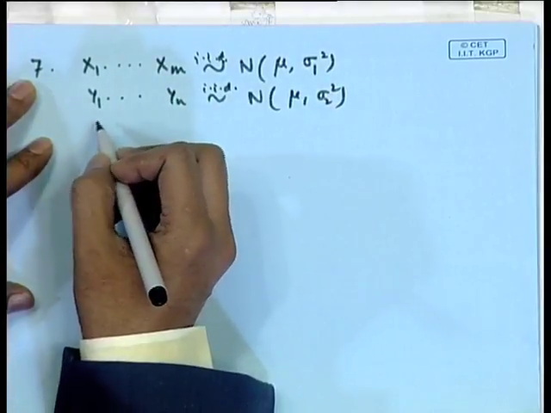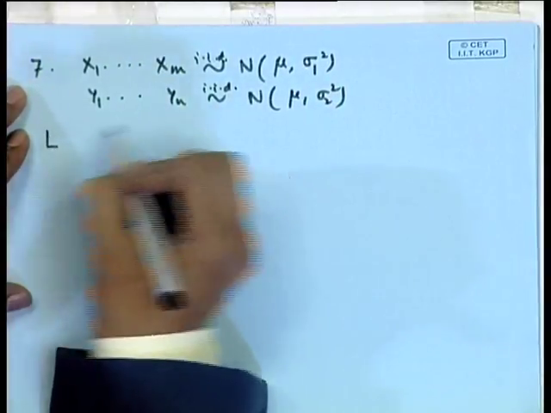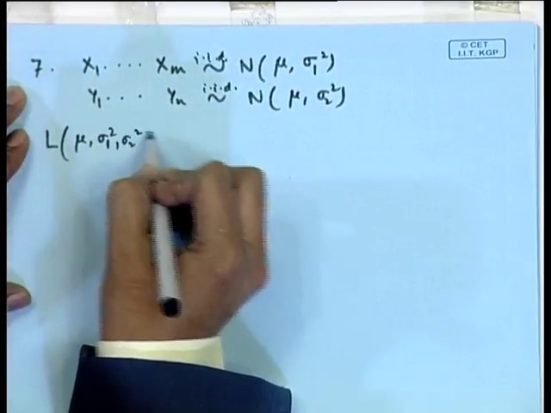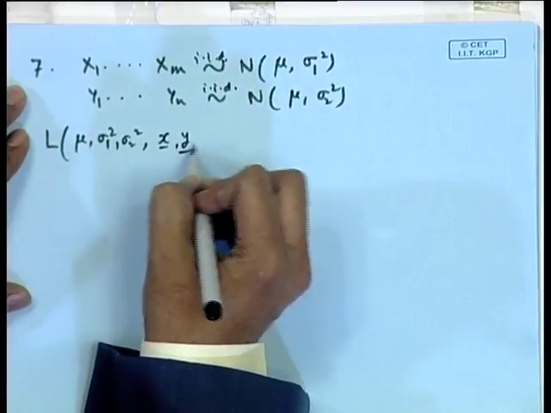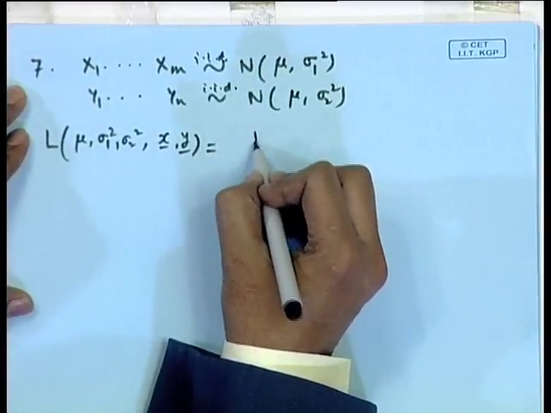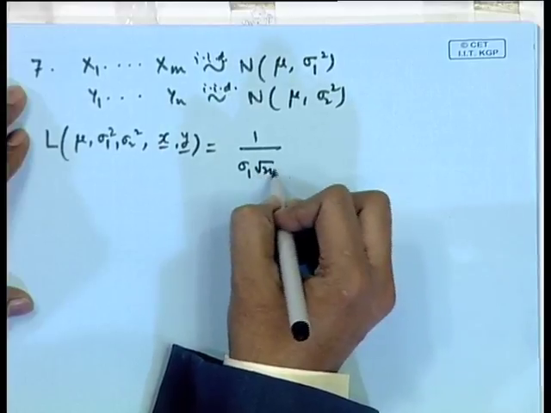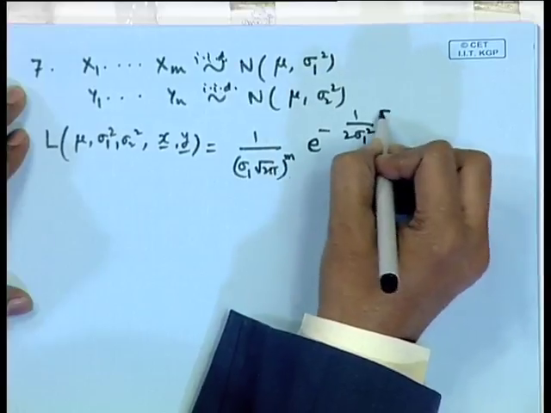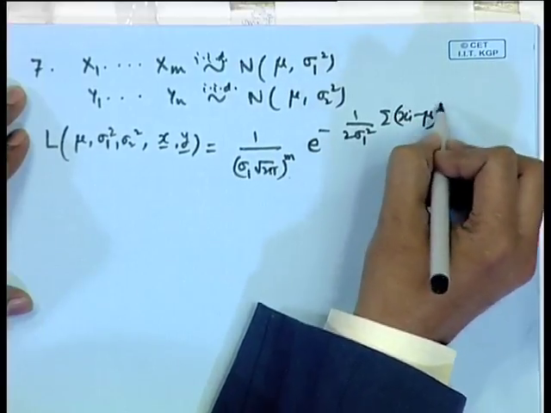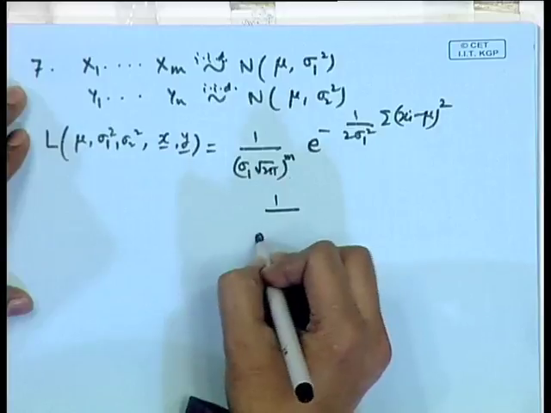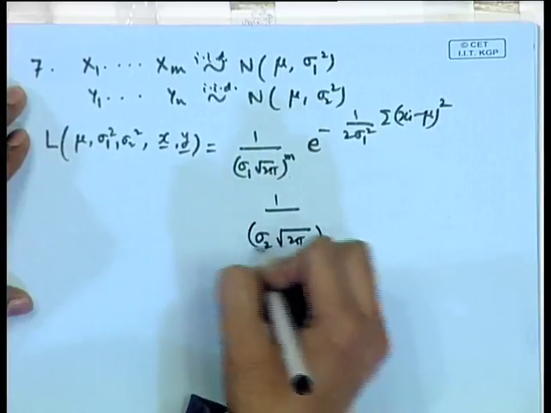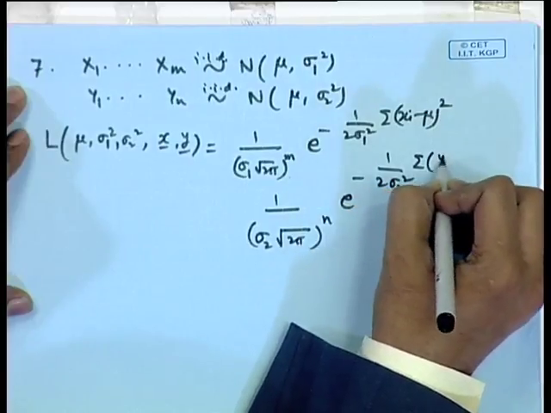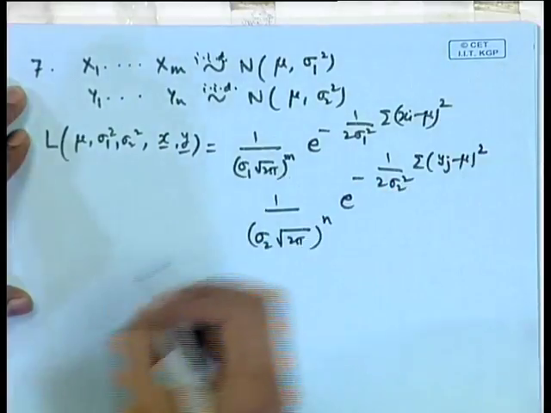So, here you write down the likelihood function. Three parameters are there, mu, sigma 1 square, sigma 2 square, and two samples x and y are there. So, the likelihood function will involve (1 by sigma 1 root 2 pi) to the power m, e to the power minus 1 by 2 sigma 1 square sigma (xi minus mu) square, and (1 by sigma 2 root 2 pi) to the power n, e to the power minus 1 by 2 sigma 2 square sigma (yj minus mu) whole square.